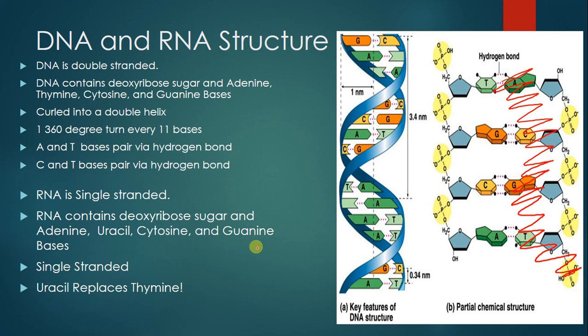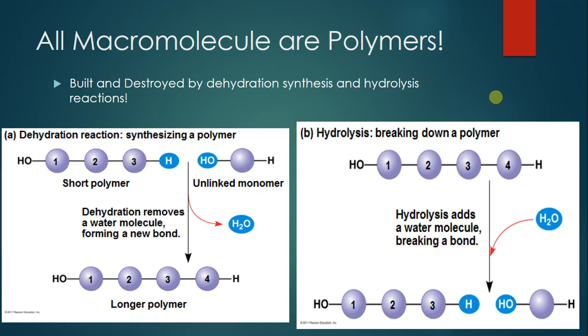It's only single-stranded, and any place we'd have a T, like right here, we would have a U. So uracil and not thymine is in RNA, and I'll let you figure out why that is, because we're going to have a case study that you're going to read about that. We'll go over this again when we get to the inheritance structure of DNA, but that is our DNA and RNA structure.